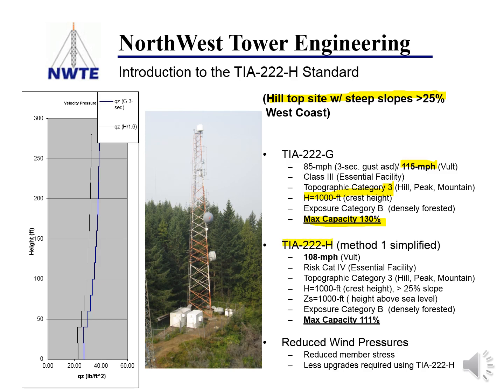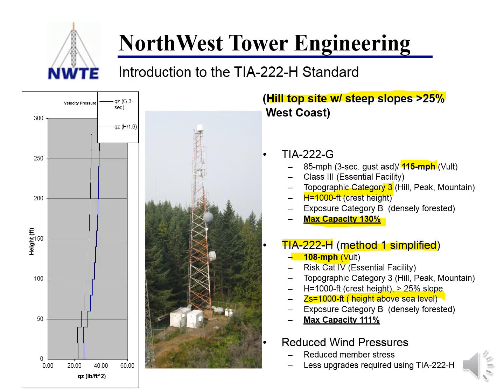So I run it to H standard. I'm going with the simplified approach. Slopes are greater than 25%. It doesn't matter if I use method 1 or 2. So I've reduced the wind speed. The other interesting point is I've said it has 1,000 feet above sea level. So that helps us a little bit.